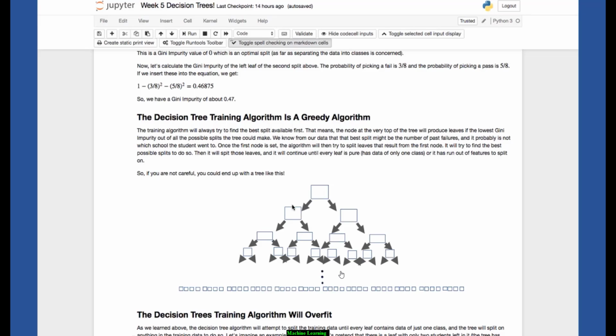Now, the first split splits the training data into two sets, here and here. And of that data, you can ask another question, and it will determine the best question to ask of the data on the left. The data on the right can also be asked a question, and these don't have to be the same question.